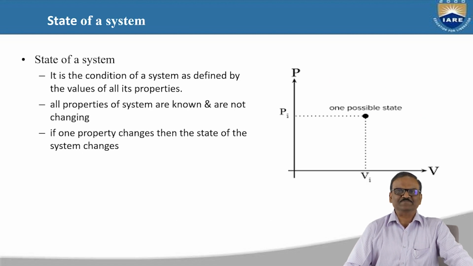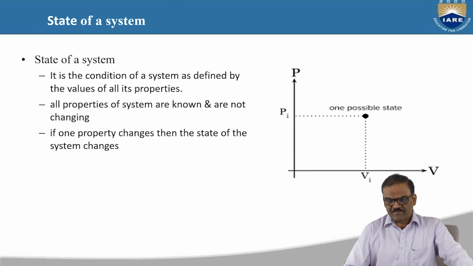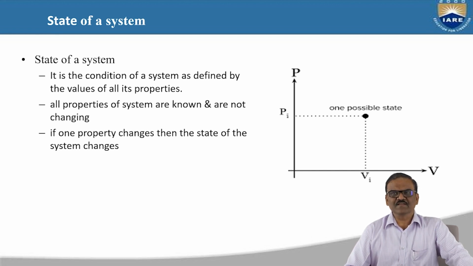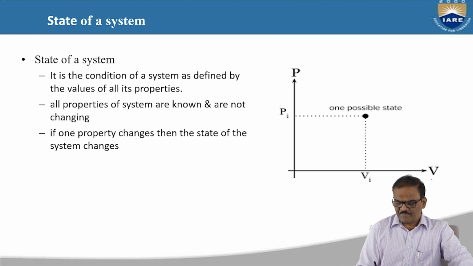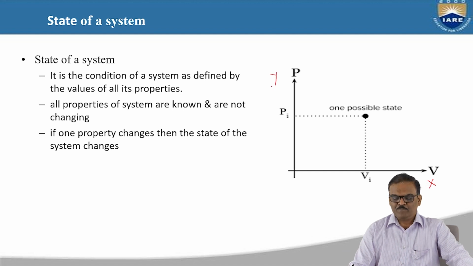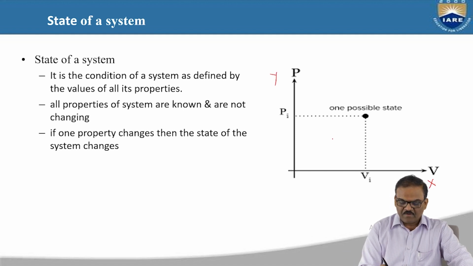State of the system. I can explain the state of the system through Cartesian thinking. Instead of volume, it can be X, and instead of pressure, it can be Y. If you want to locate any point, you need the X value as well as the Y value.